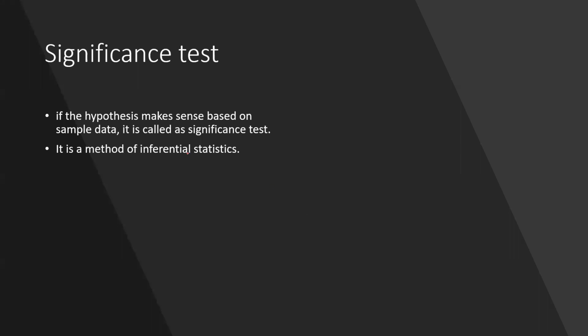The second terminology is the significance test. If the hypothesis makes sense based on sample data, it is called a significance test. Right now we have an assumption that 50% of the population had breakfast.